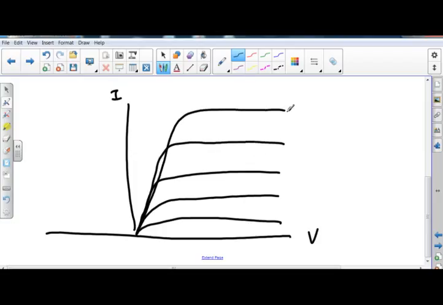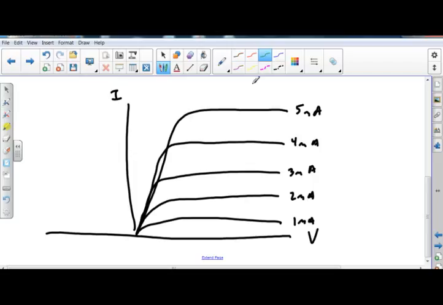Oh, that was good. So these are voltages at the base. So this would be like 1 milliamp and 2 milliamps, 3 milliamps at the base, going through the base, 4 milliamps, 5 milliamps. And as my voltages change, I would go that way.